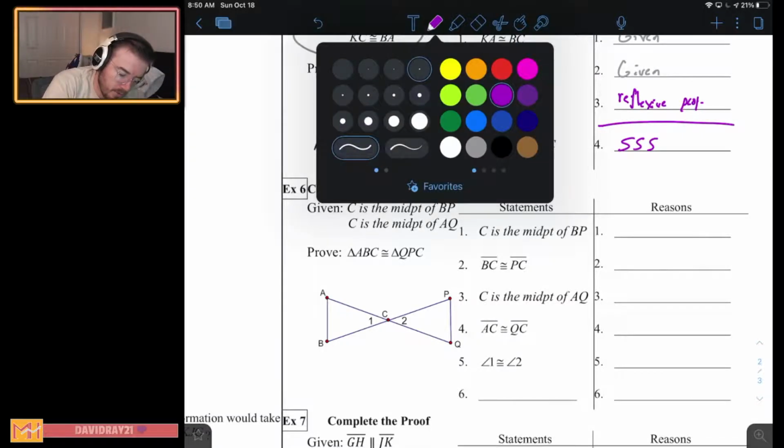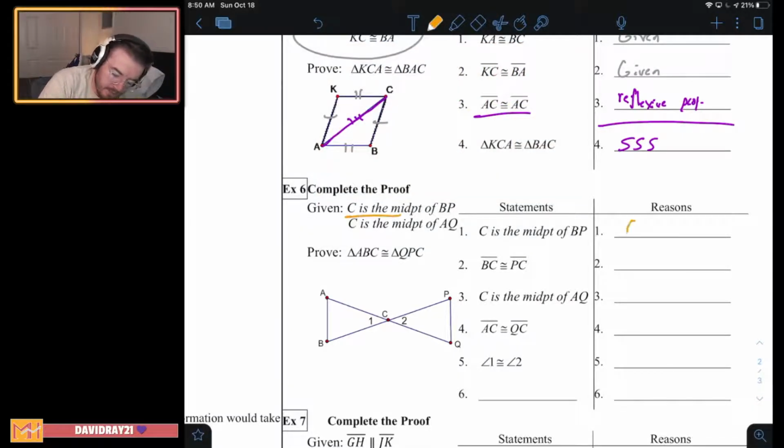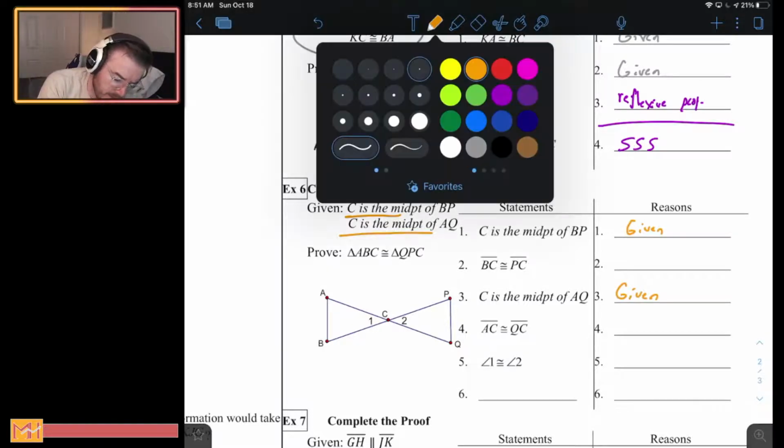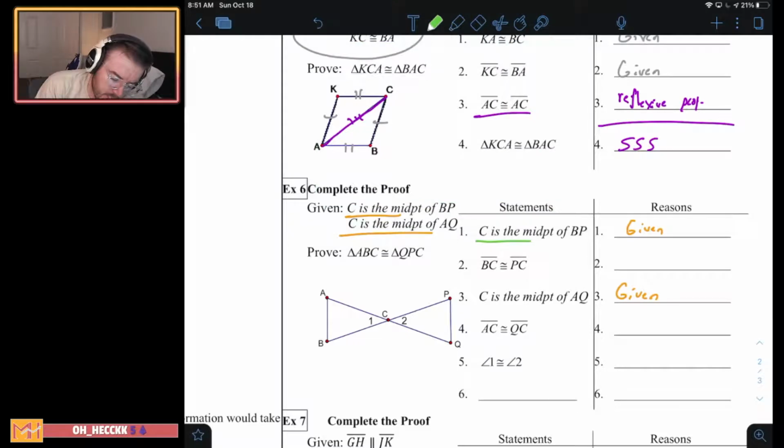All right, so once again, we have some given information. Always fill in your givens first. Now, this might look a little different. You got a statement here, not even an equation. C is the midpoint of BP. So how did we get from this to this?